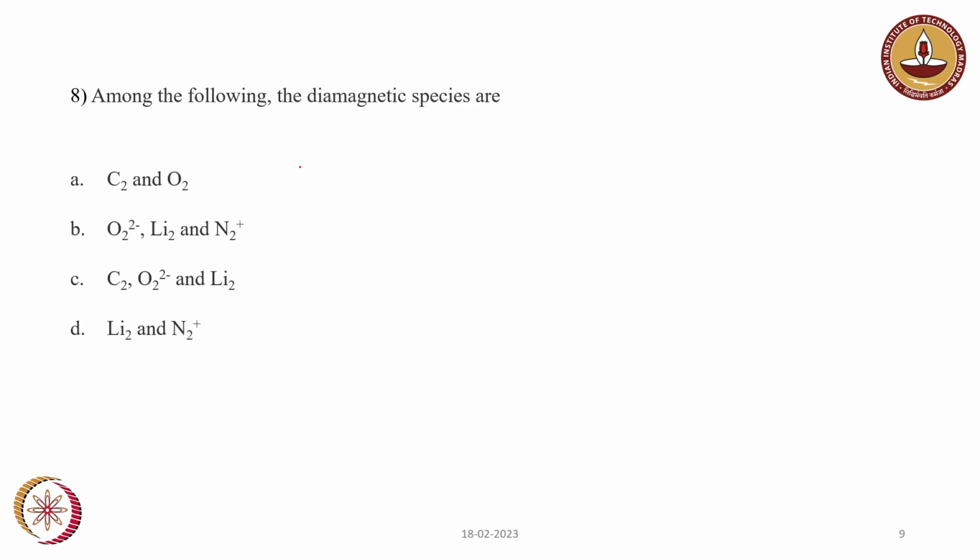So we have five different molecules: C2, O2, O2 2 minus, Li2 and N2 plus. So we'll look at the molecular orbital diagram for each. So first one is C2. One carbon has 4 valence electrons, so in C2 there are 8 valence electrons.